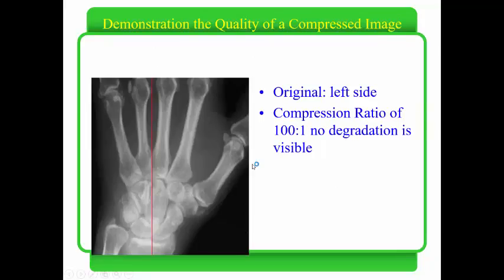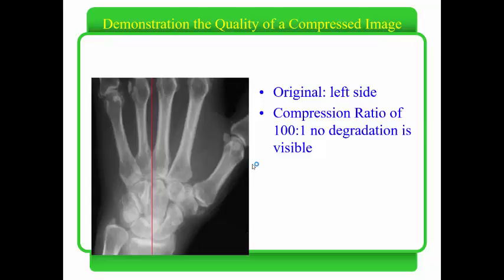Another thing here, we have said that one of the most important applications of this kind of image transforms is compression. So as you can see from this image, if this image is to be divided into two parts, here we have the left part and the right part. This is the original image on the left part, and this is the image after compression by a ratio of 100 to 1.